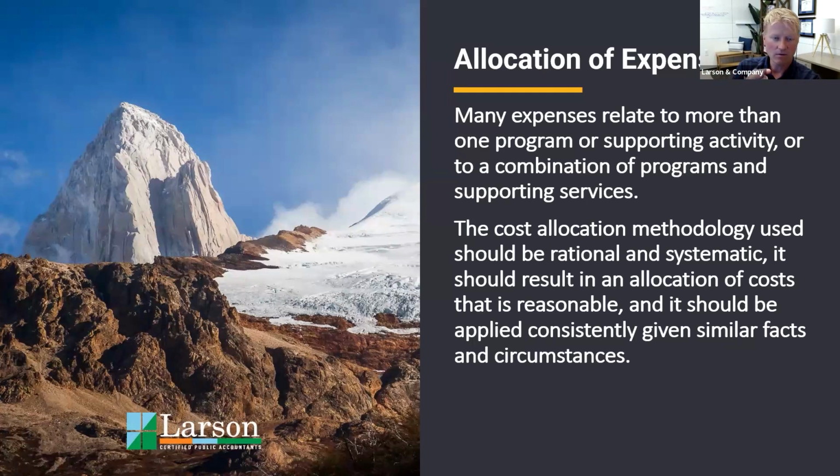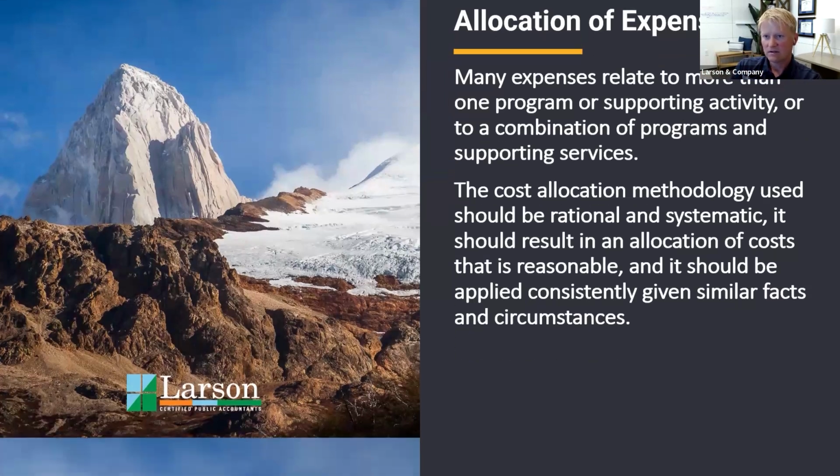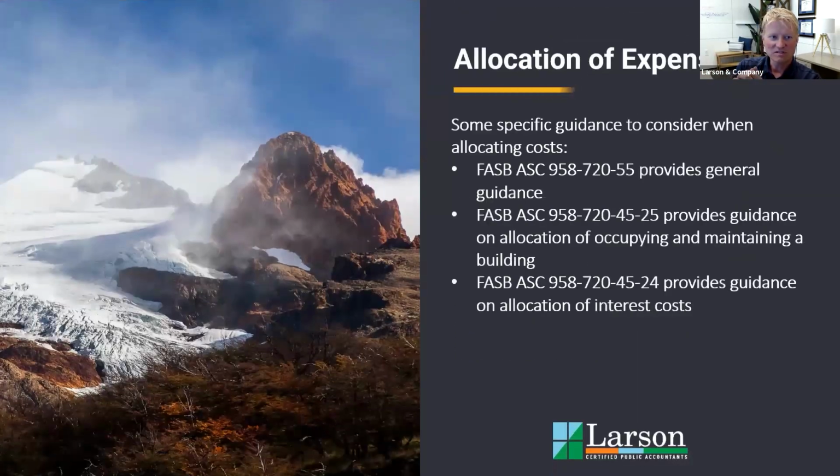So, all right, continuing on with allocation of expenses, some specific guidance to consider when allocating costs. These are some accounting standards that you could access or follow. If you don't have access to these standards, feel free to reach out and we can provide that information to you to read through.